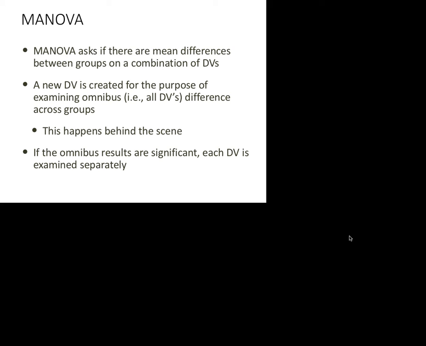But for our purposes, it's useful to just have that concept in mind: the first step of what the MANOVA procedure is doing is creating a new dependent variable that's a combination of all of my dependent variables, and it's assessing the differences across my groups, that is your main effects and your interactions in your framework.